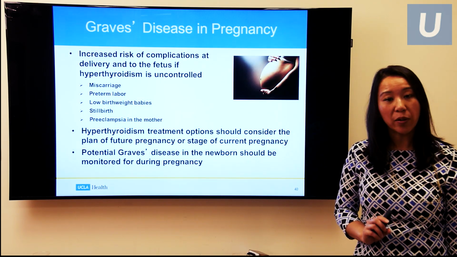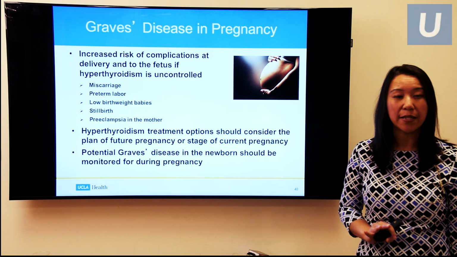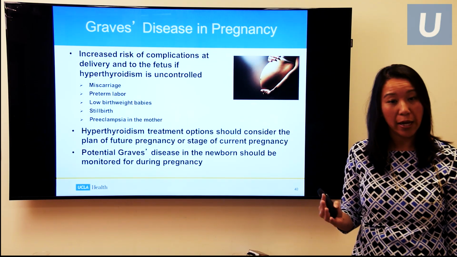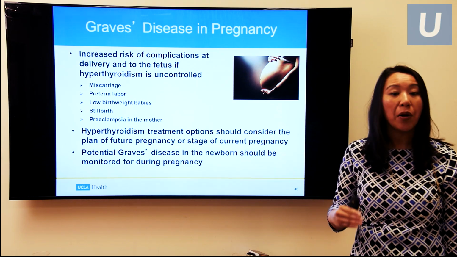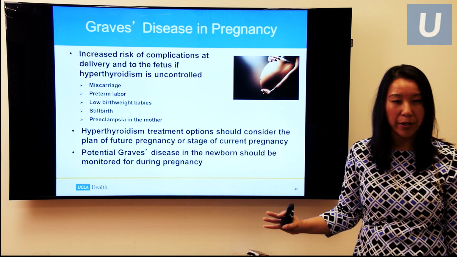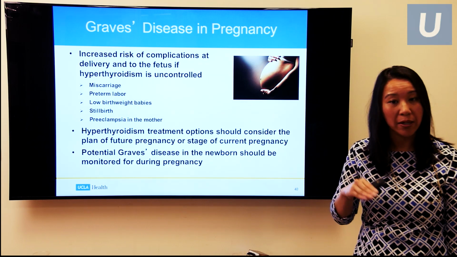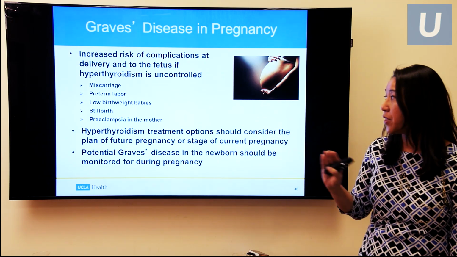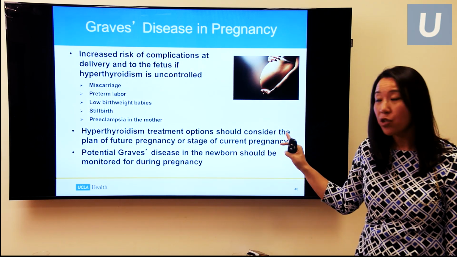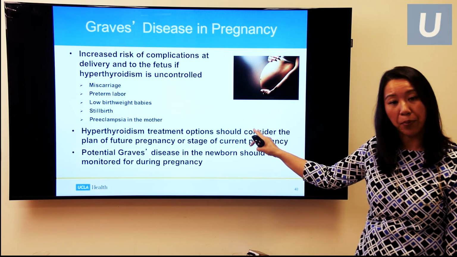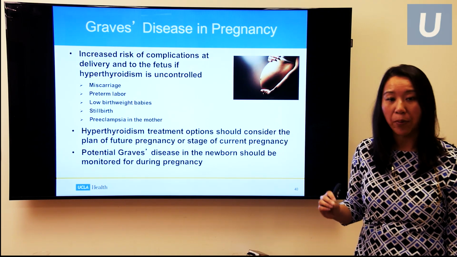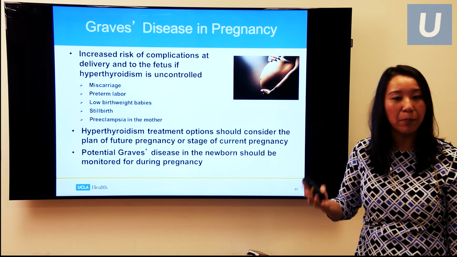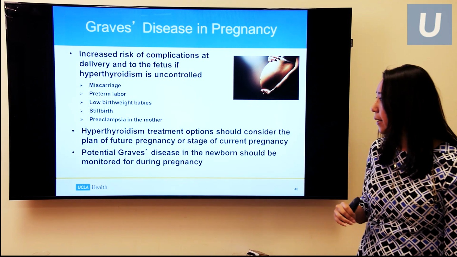Now, there's a special consideration for Graves' disease in pregnancy. This is because there's increased risk of complications, both when you deliver the baby and for the newborn after birth, if you have Graves' disease during pregnancy that's uncontrolled. These are some of the complications that can happen: miscarriage, preterm labor and birth, your baby can be born with lower birth weight, stillbirth, or something called preeclampsia, which includes high blood pressure in the mother during pregnancy.